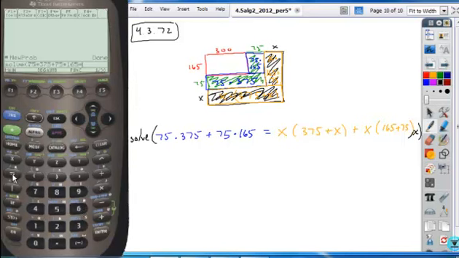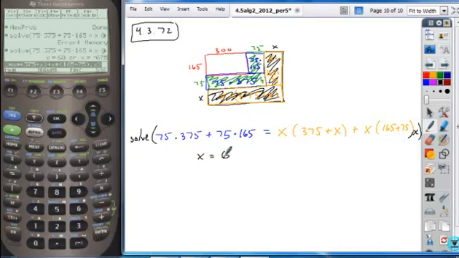Okay, and that has to equal the area of this black region, x times the quantity 375 plus x, all plus x times the quantity 165 plus 75. And then I'm going to close that off, solve for x, and when I do that, x is equal to either 60 or negative 675.